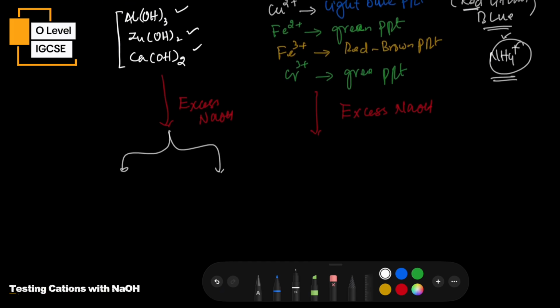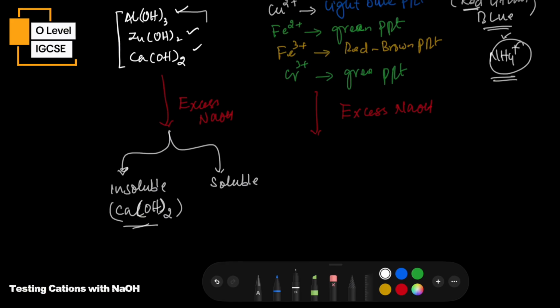Some will be soluble and some precipitate will remain insoluble. Only one will remain insoluble, that is calcium hydroxide, the precipitate of the calcium ion. It will remain insoluble.